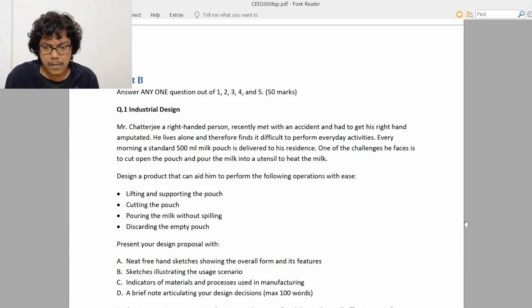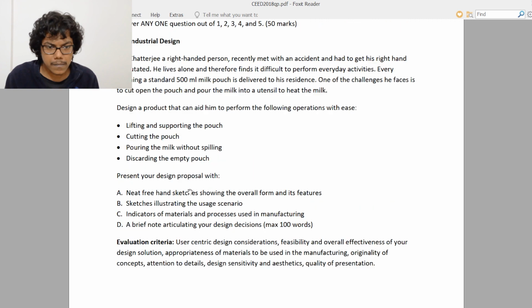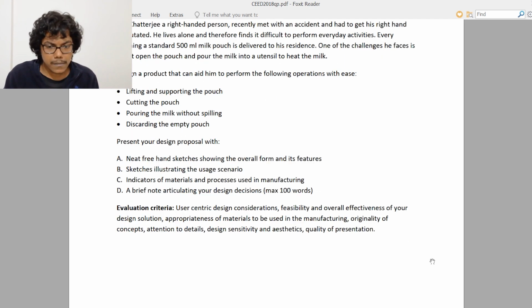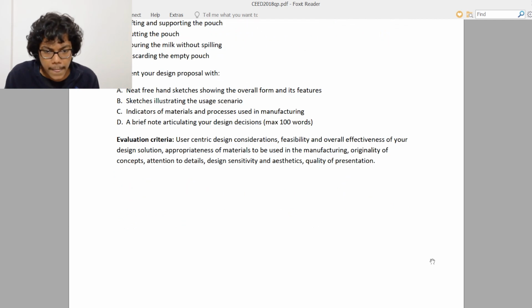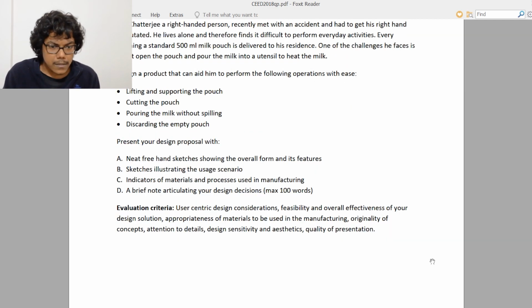But obviously my suggestion would be to just stick to one particular discipline and just plan this out, like how you are going to present and stuff. And this is totally your call.